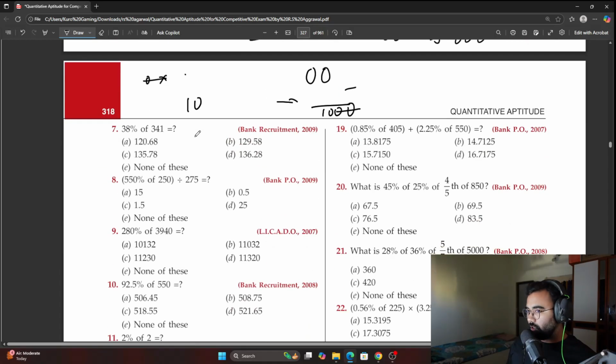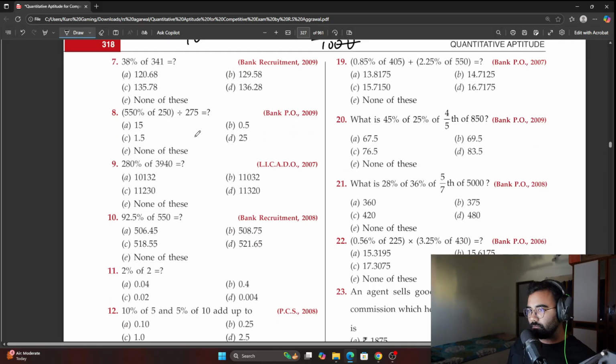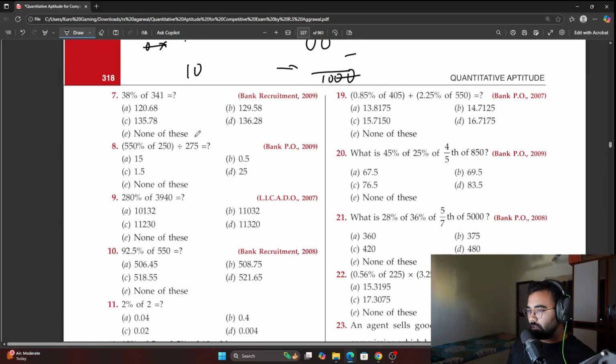We move on to the next one. I'll try and do this without the calculator, but this is something that I see amongst students as well. A lot of them actually use calculators from the lower grades. In the higher grades, I think it is permitted, but in the lower grades, you must not use calculators.